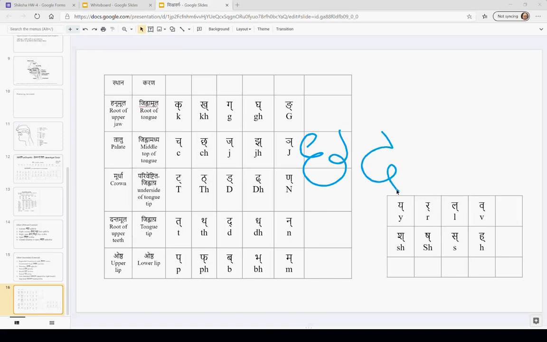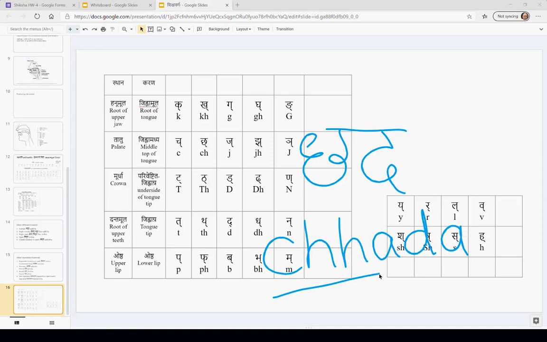There is a word called chhada. I write it as double h here. This is just a symbol because there is no alphabet for chha in English. Chha, chhada.